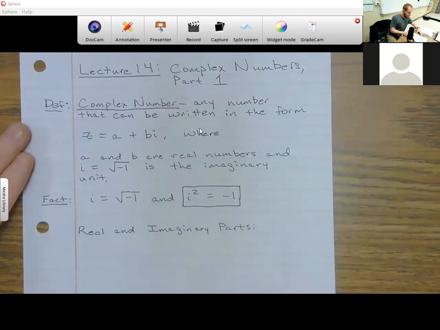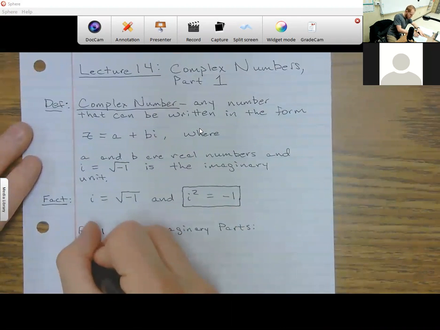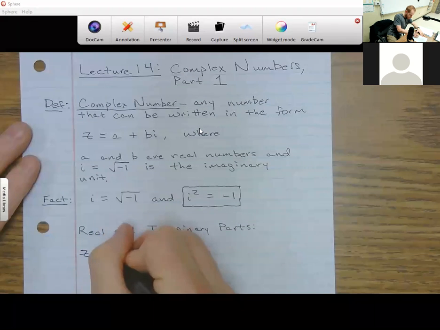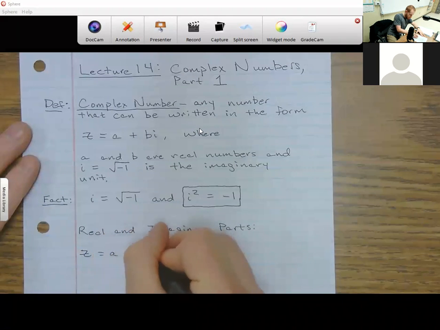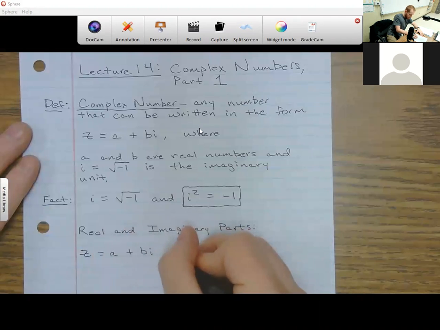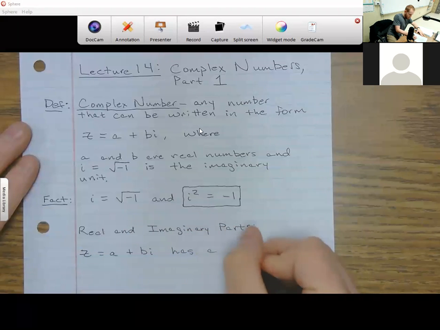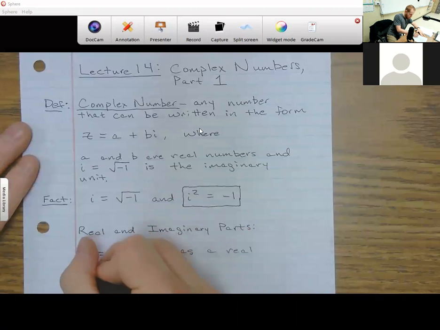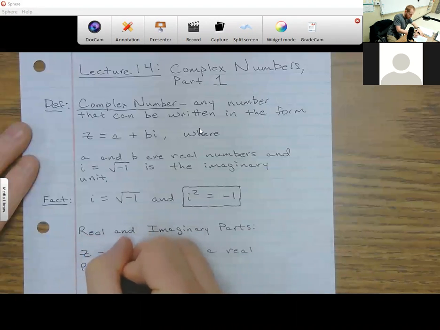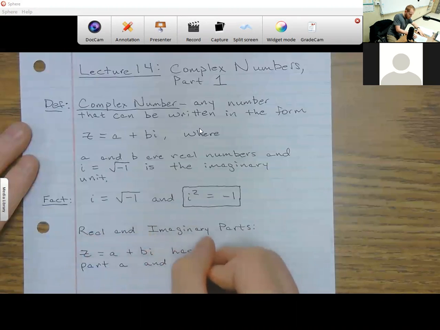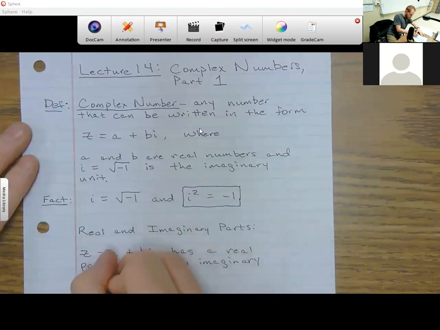Okay, so z equals a plus bi has a real part, let's just call it a, and it has an imaginary part, b.